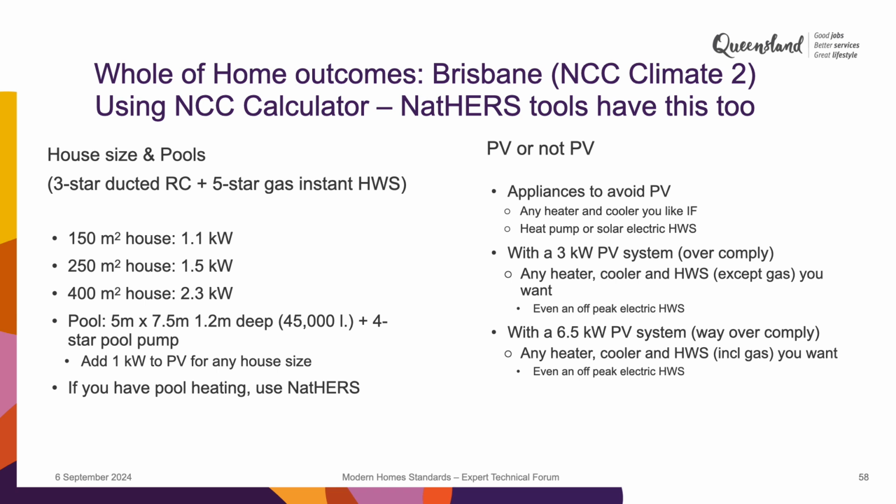You might need to have 4-star air conditioners as well. But if you put in the sort of maximum size that you have in most suburban locations of 6.5 kilowatts, anything you like as far as appliances, and you will overcomply. You'll be way over 60.